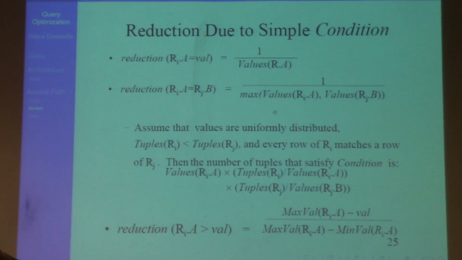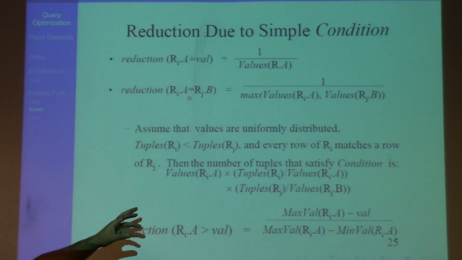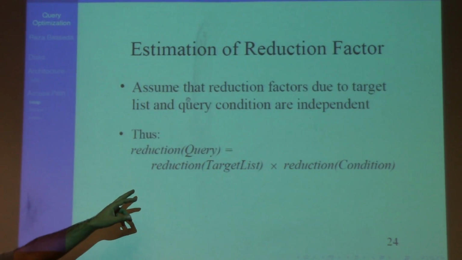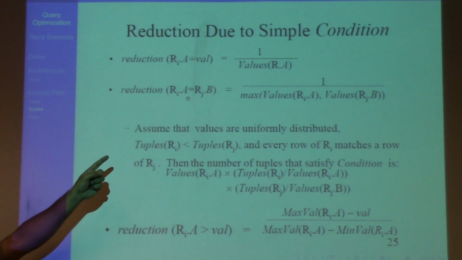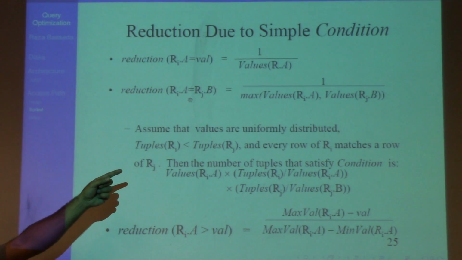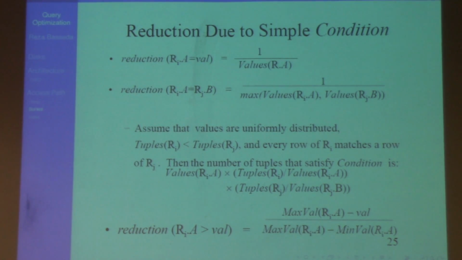Suppose that we want to find the reduction factor when the condition is A from R1 is equal to B from R2. So what is the reduction factor? How many outputs will be generated? What is the maximum?